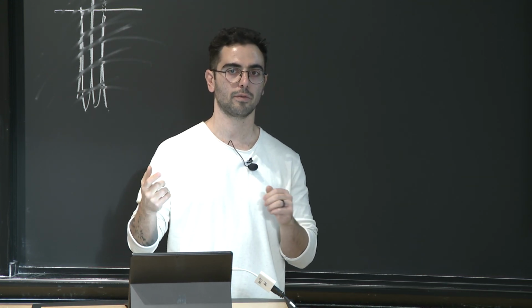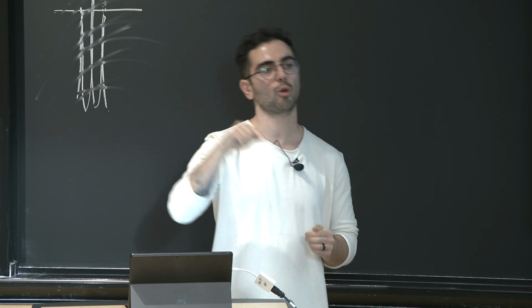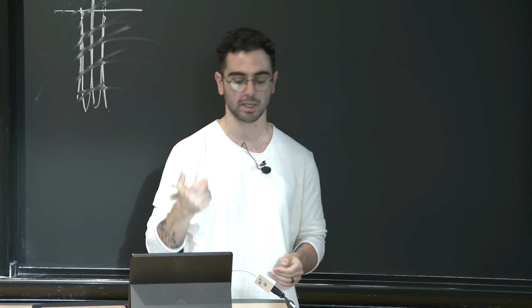If Julia doesn't find a connection rule specifically for your Blox, it's going to fall back to the generic one. But of course, if your case is more exotic, or you want a specific connection rule, it's easy to define your own. Then the generic one will be replaced by your own.